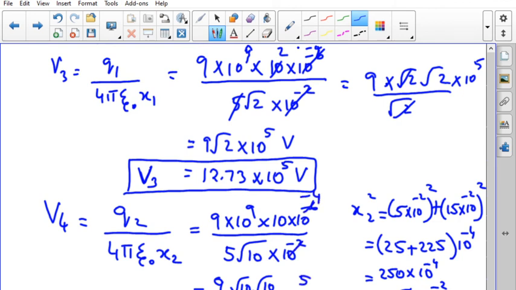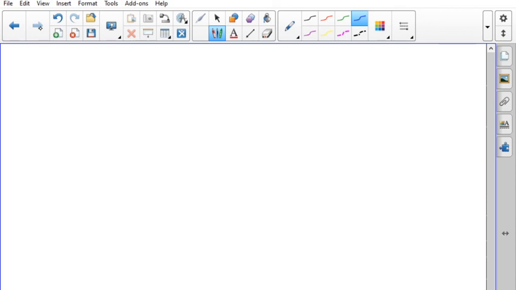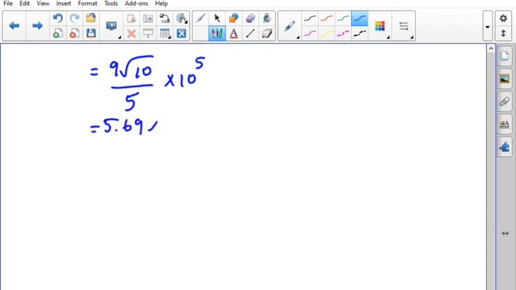So it will become 5. So one root 10 gets cancelled and we get 9 root 10 by 5 into 10 power 5. It is equal to 5.69 into 10 power 5 volt. So this is the value of V4.